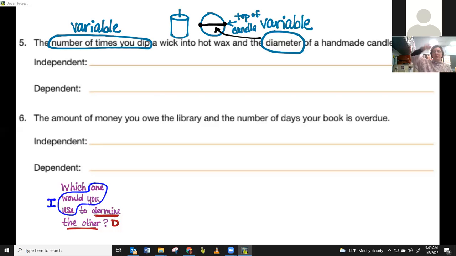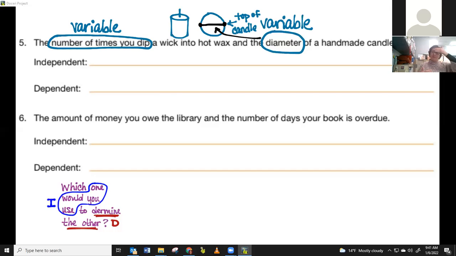So would the number of times that she dipped this candle into the hot wax determine how fat that candle was? Or does how fat that candle is determine how many times she has to dip it into the wax? Which one would you use to determine the other, or which one causes the other?